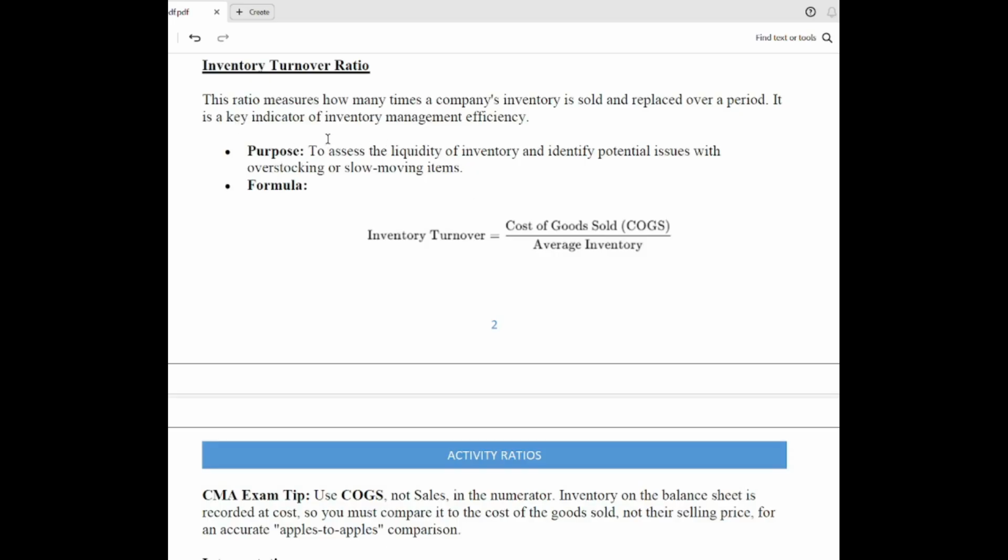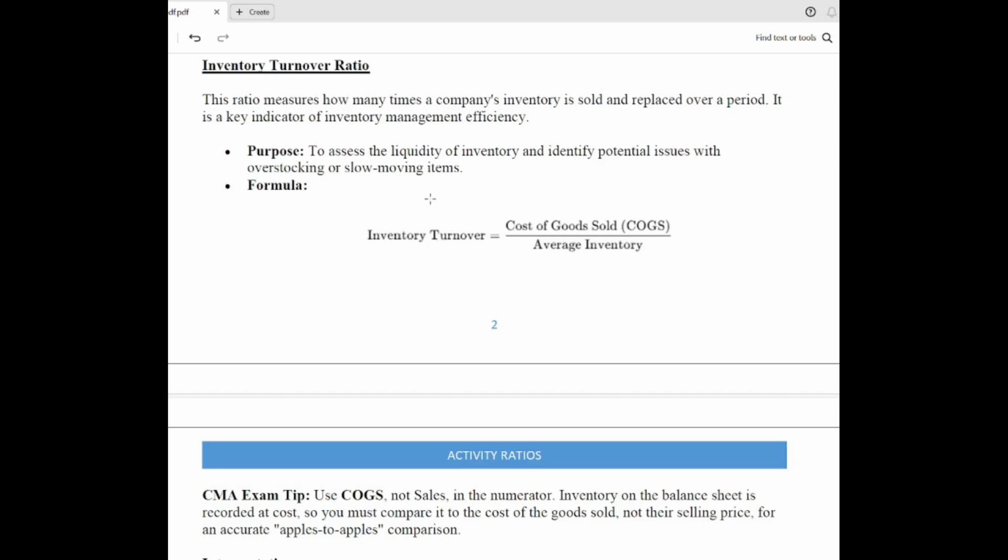The purpose is to assess the liquidity of inventory, that means how long it takes to convert inventory into sales, and to identify potential issues with overstocking or slow-moving items.